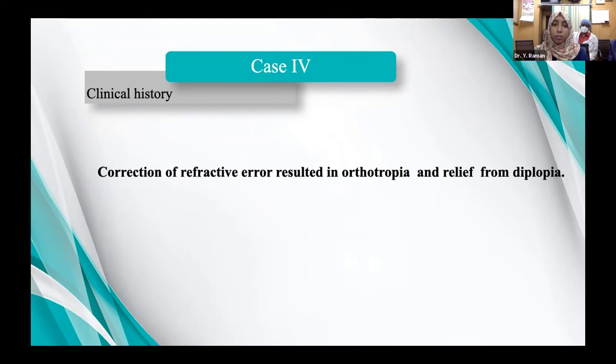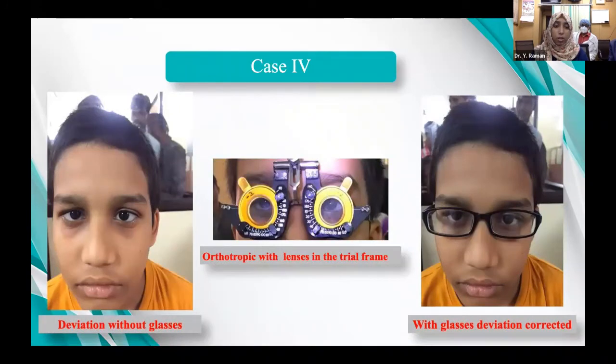When we gave him this refractive error correction, it resulted in orthotropia and relief of diplopia. Here we can see the deviation without glasses and with glasses. So in this case, we managed conservatively.